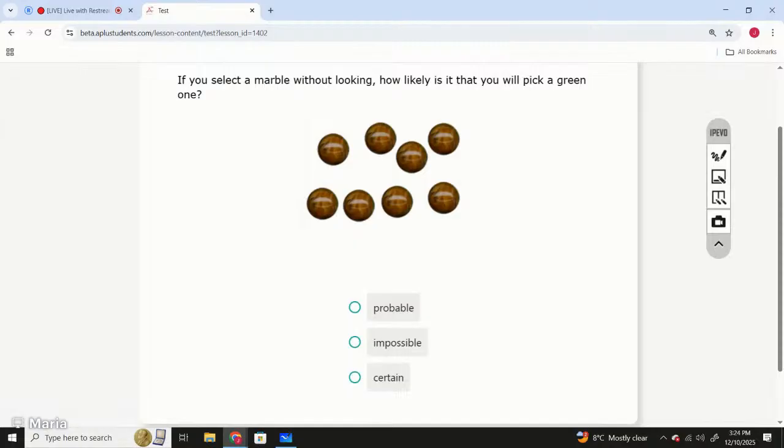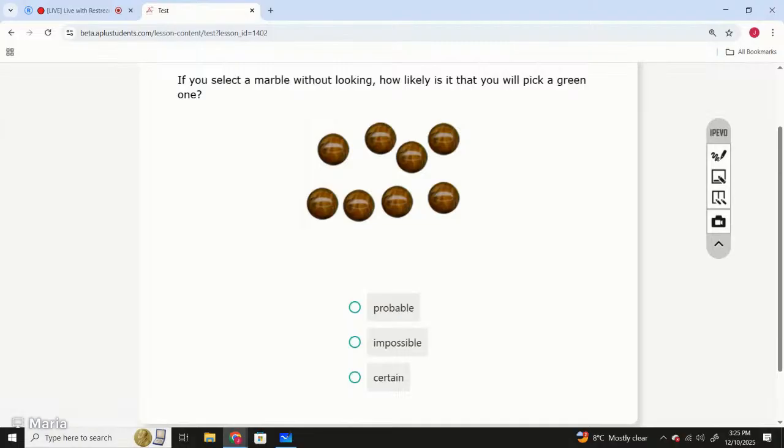If you select a marble without looking, how likely is it that you will pick a green one? So all the marbles are brown.